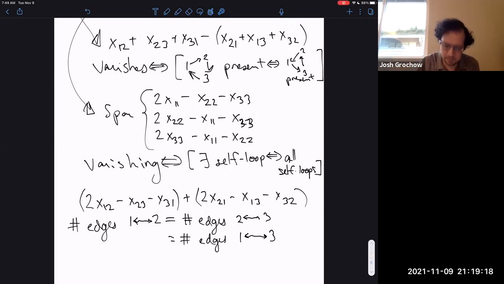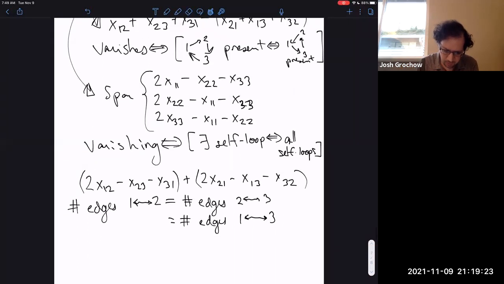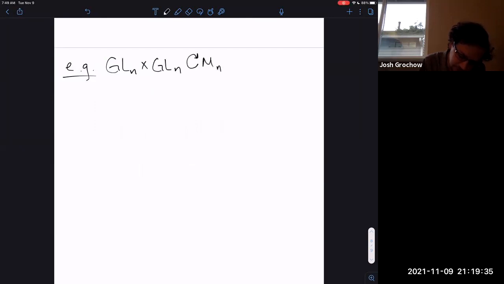All right, and now I want to do one more example, and then maybe I'll pause for questions. So let's consider the action of GLN cross GLN on n by n matrices, where AB acts on X by left and right multiplication.